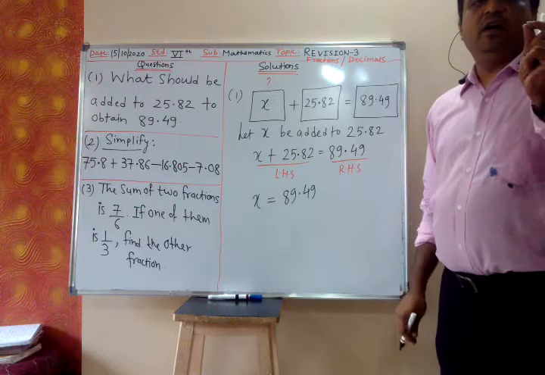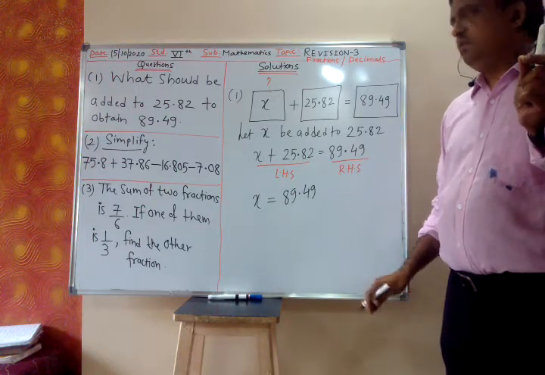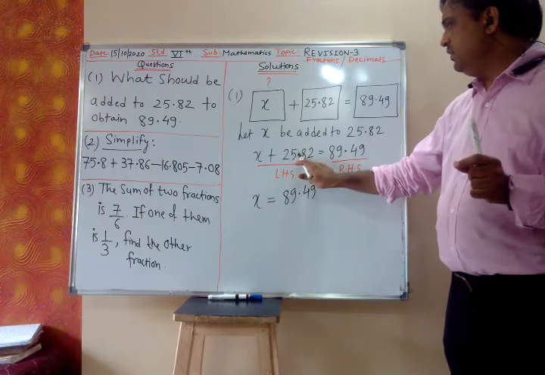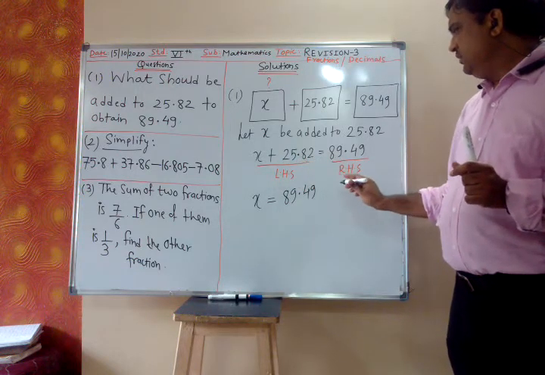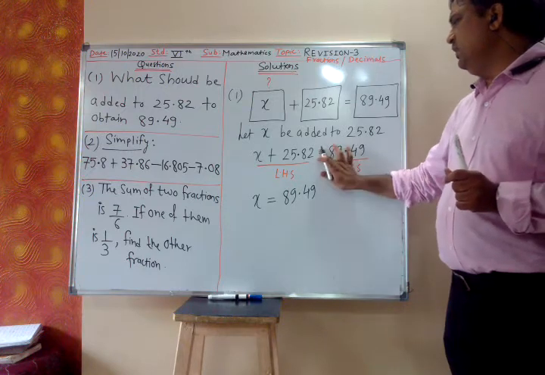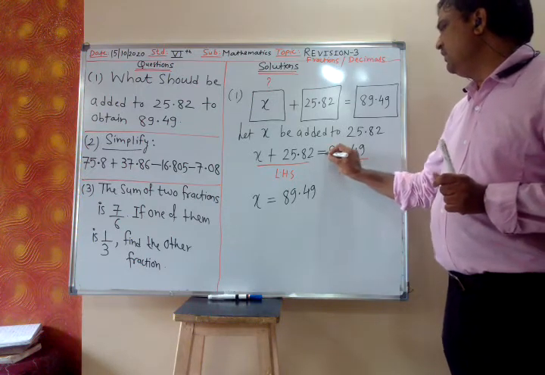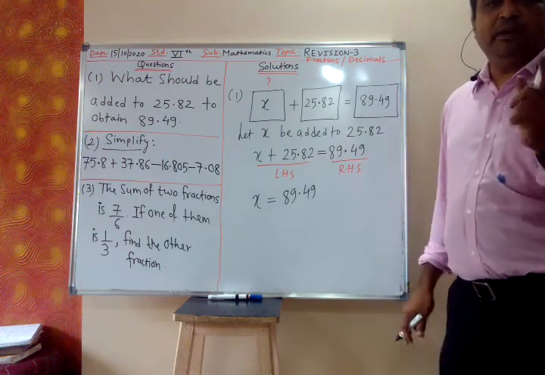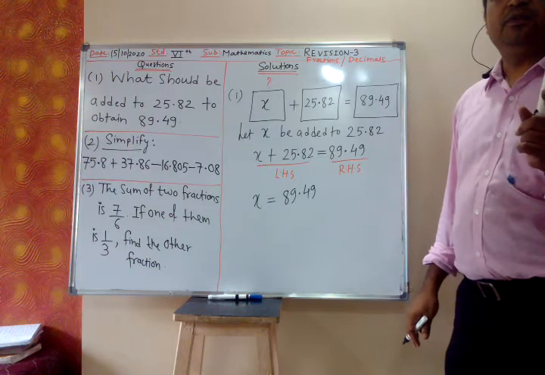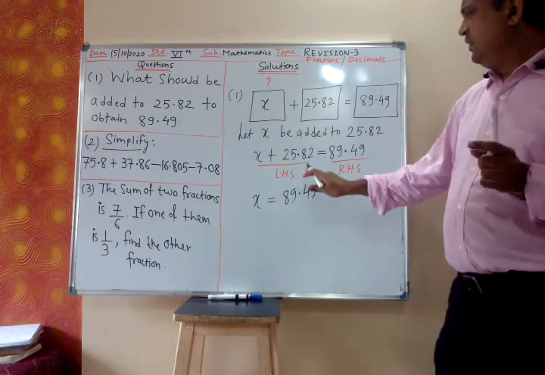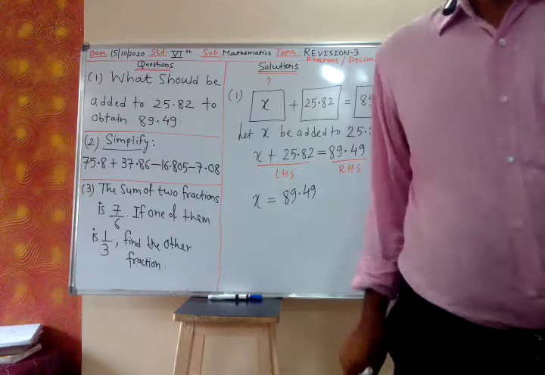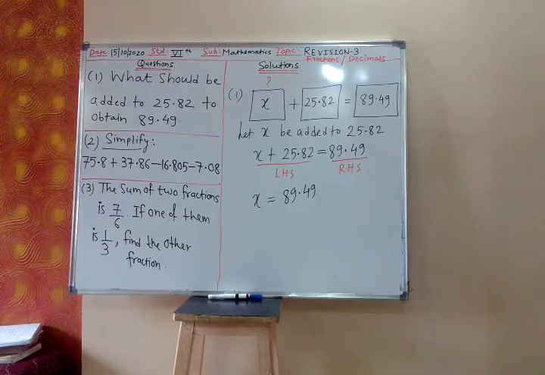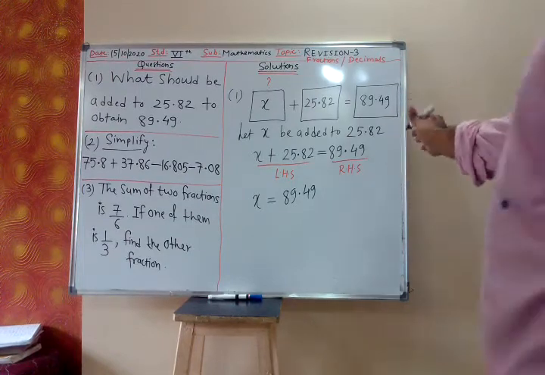Now, all of you mute the microphone. Now I will take plus 25.82. Mute the microphone. 25.82, we take it on the right hand side.